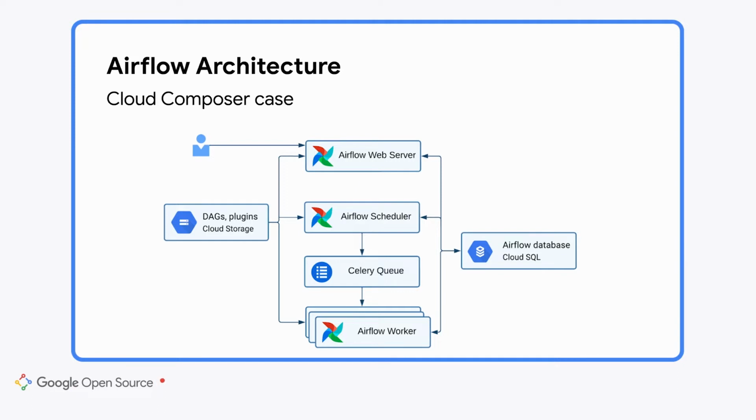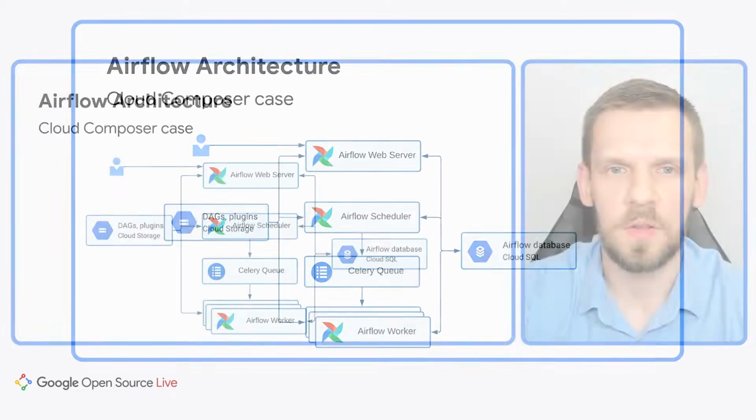Airflow itself runs 3 different types of components: scheduler, worker, and web server. Scheduler is responsible for parsing DAG files containing the user code, putting them into the database, but also it runs another process called scheduler job, which is responsible for scheduling the tasks for execution.